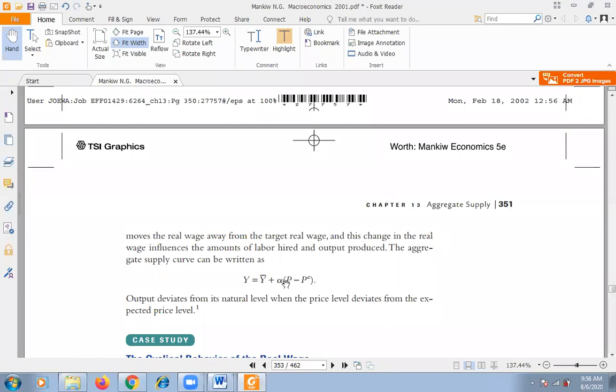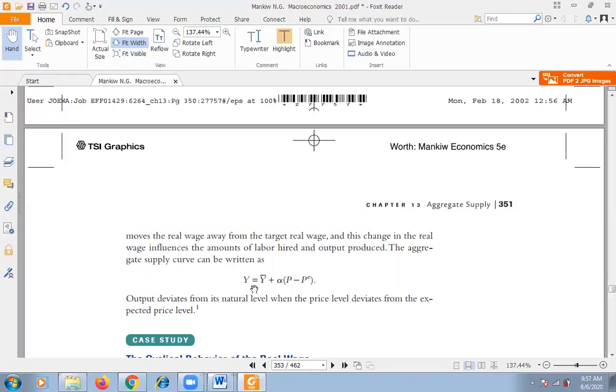In the future, the expected price level becomes the actual price level, both are equal, and in the long run the output level is fixed. Keep in mind, the expected price level and the actual price level are the same in the long run.